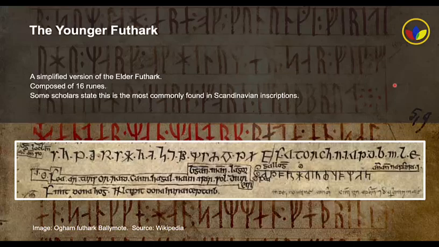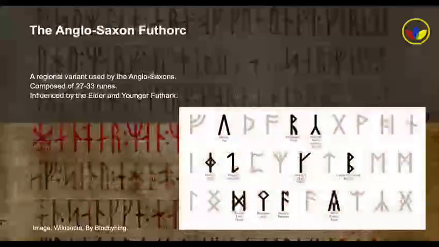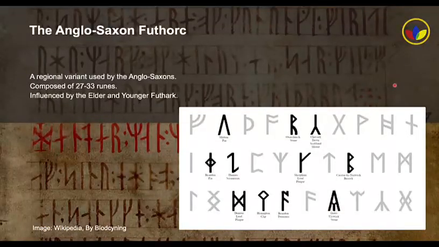But this is the Elder, the Younger Futhark, and then there is something called the Anglo-Saxon Futhark. This last one is a regional variant used by the Anglo-Saxons, and this is not 24 characters, this is not 16 characters, but between 27 and 33 runes.